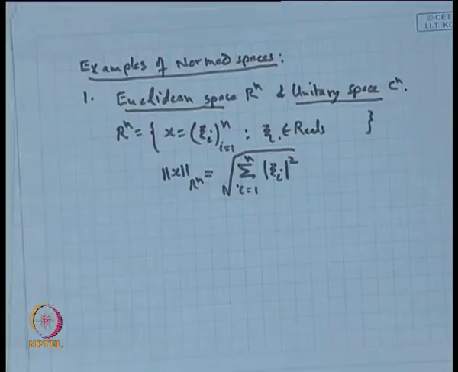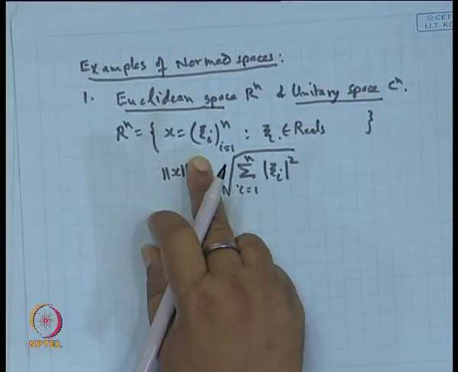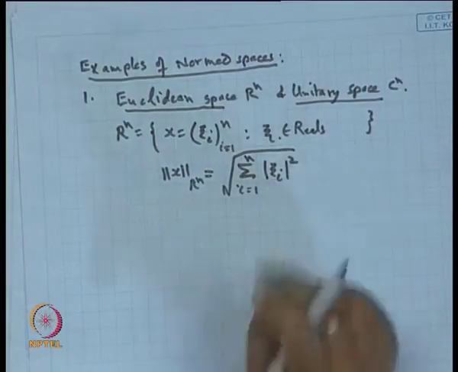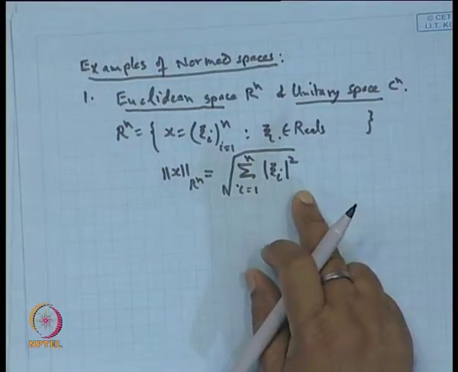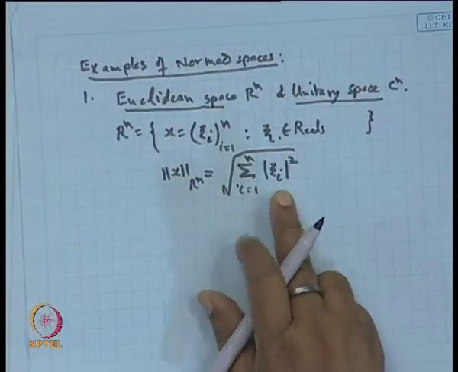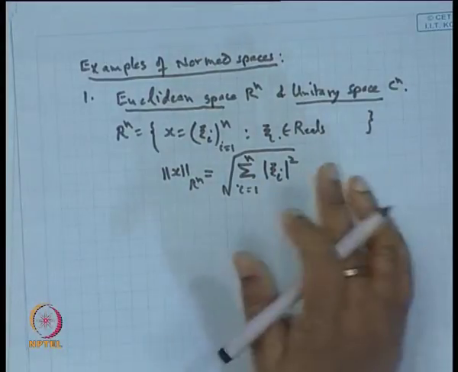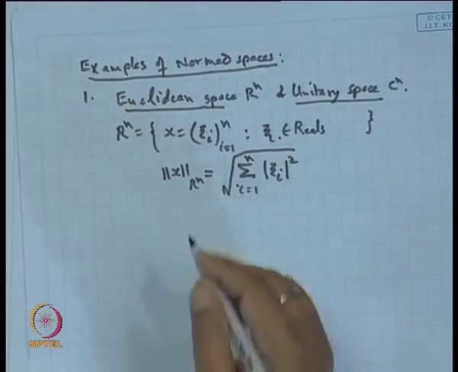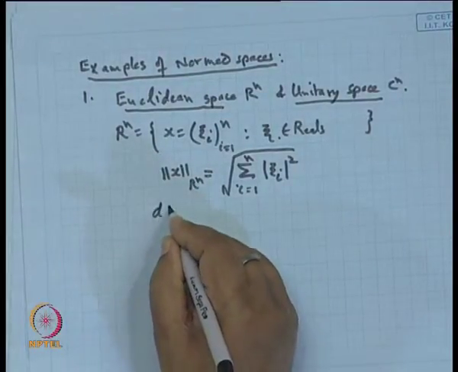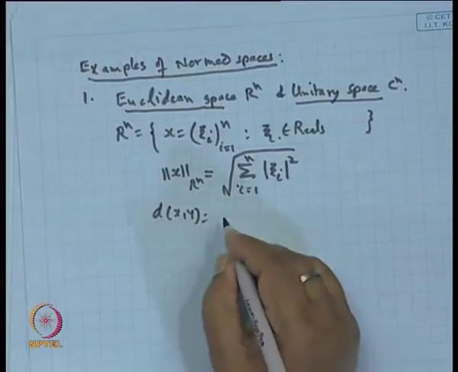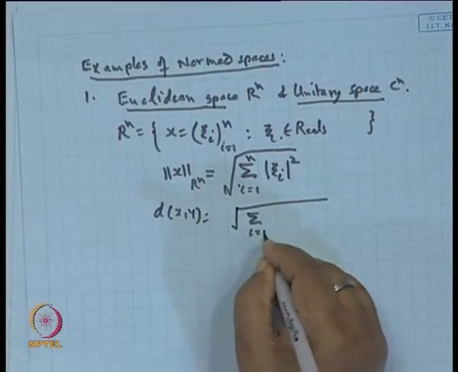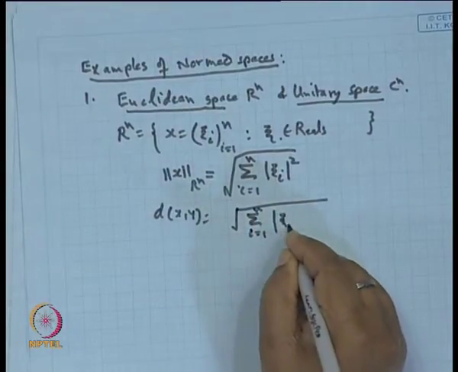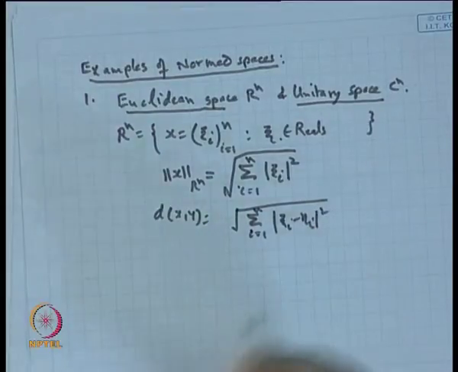R^n is the set of all n-tuples (xi_1, xi_2, ..., xi_n), where the xi's are real, and for each x belonging to R^n, we introduce the norm as follows. Now, it satisfies all the conditions of a norm, because we have verified it for the metric, and this metric d on R^n can be defined as the square root of sigma i is 1 to n, mod xi_i minus eta_i whole squared.